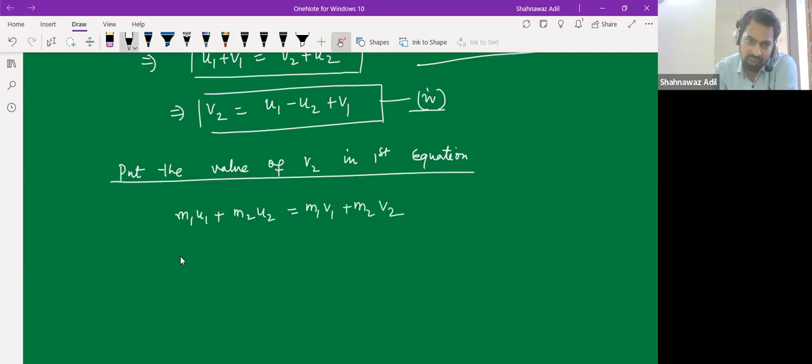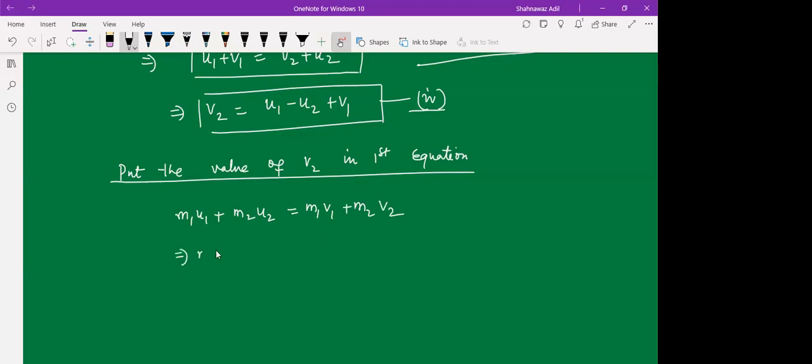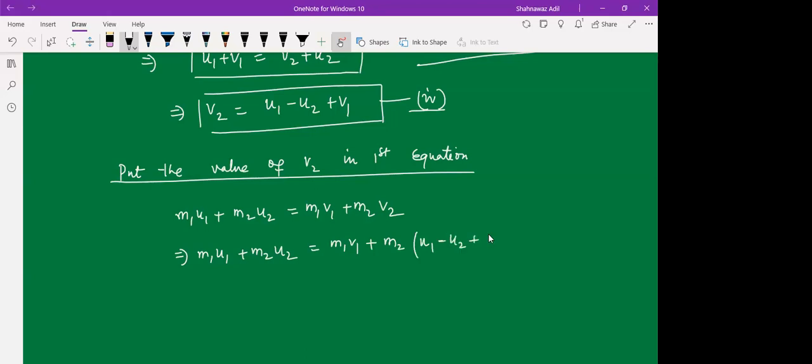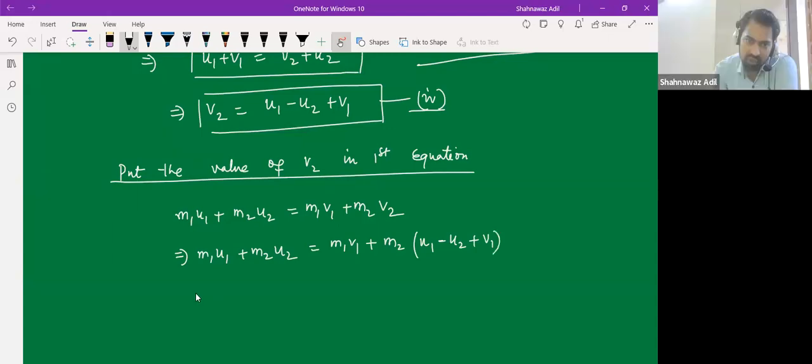Putting the value, v2 is u1 minus u2 plus v1. So m1 u1 plus m2 u2 equals m1 v1 plus m2 u1 minus m2 u2 plus m2 v1.